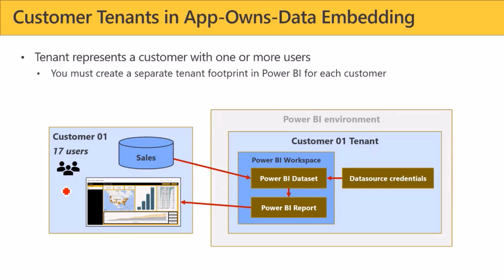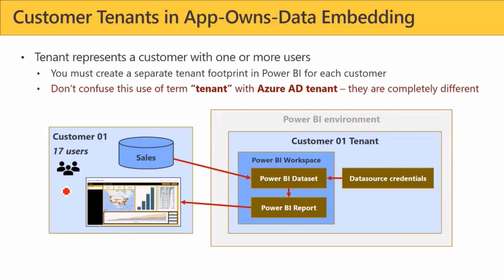The best practice in Power BI is to start separating your customer tenants by creating a separate workspace for each one, and then also separating the data for each of your customer tenants into different data sets. And the one thing we have to call out is people use the term Azure AD tenant, and that's completely different than how we're using the term tenant here. Just think of tenant as the footprint of content for one customer, and things like data set credentials to get to the data set. We need to isolate those.